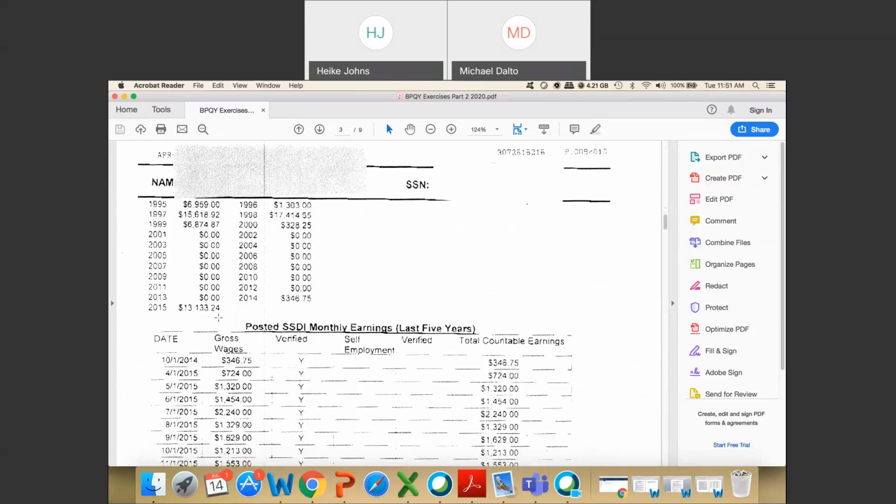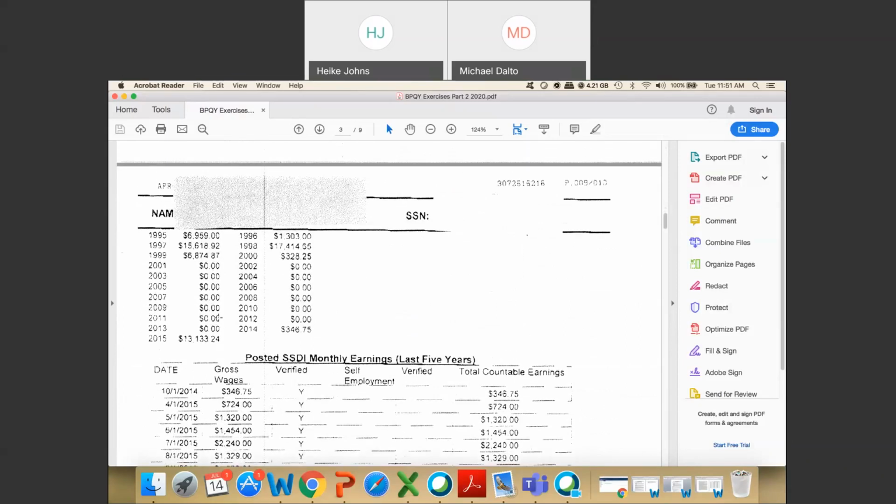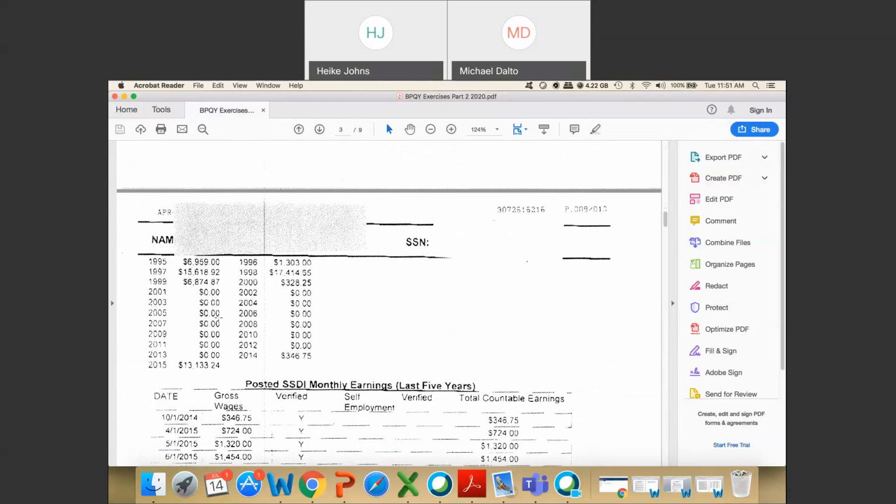And the posted SSDI monthly earnings don't start until 2014. So that tells us that very, very minimal earnings received in 2000 would certainly not have been SGA, and there were no earnings in 2001. And this tells us that, at least from the information we've got here on the BPQY, this person did not do SGA within 12 months of disability onset.